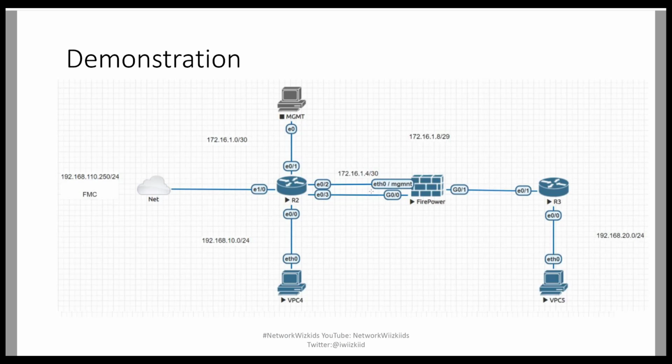And we'll take a look at how traffic is impacted via the access control policies that we create. We'll also have a quick look at the configuration on router 2 as well as router 3, just to see how those interfaces connect to the firewall, or through the firewall.